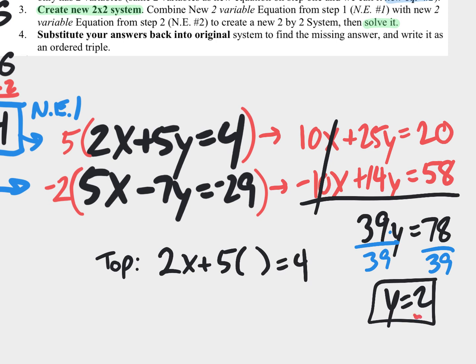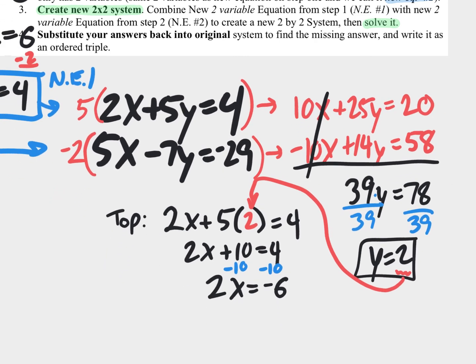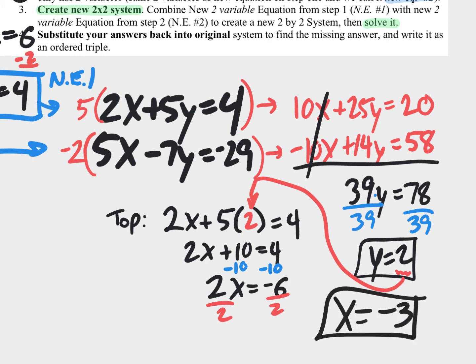Of course, we know y is 2, so let's put the 2 right in there. We really have 2x plus 10 equals 4. Subtract 10. We'll get 2x equaling negative 6, giving us a final answer after we divide by 2 that x equals -3. Yeah?